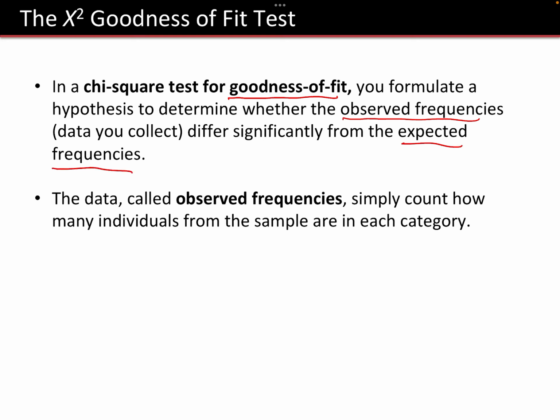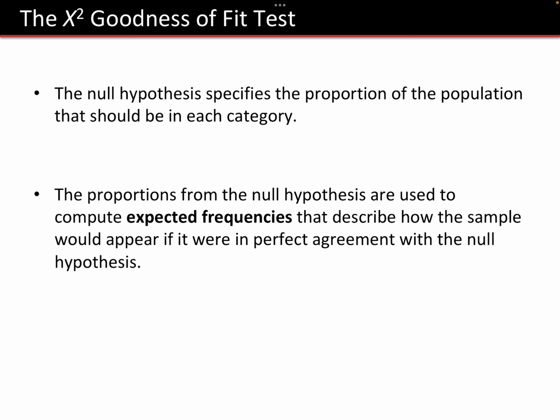Which is basically, if we work out using probability concepts, what the expected numbers are, and we're trying to see if there's a difference between the observed and the expected frequency. The observed frequency will usually count how many individuals from a sample fall in each category. I know this is kind of vague, but I'll show you with a couple of examples later. I'll probably skip this for now.